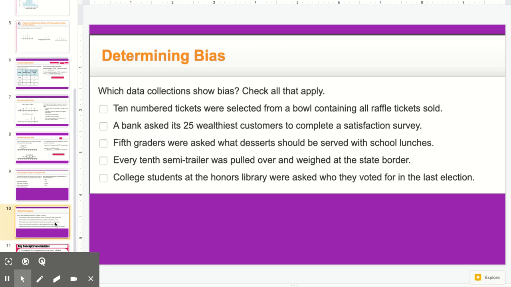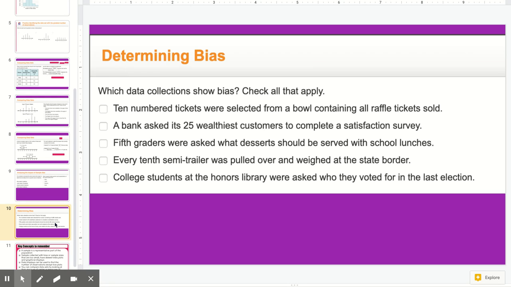Okay, and the last question on your assignment says, which data collections show bias. So remember, bias is skewed, it's towards one specific group. Okay, so we have to check all that apply. So 10 numbered tickets were selected from a bowl containing all raffle tickets sold. Okay, that's not bias.